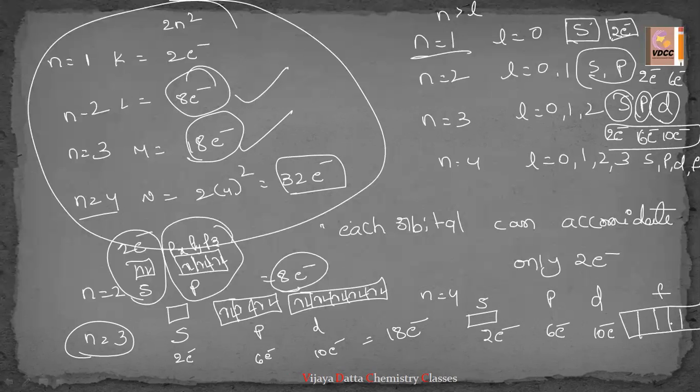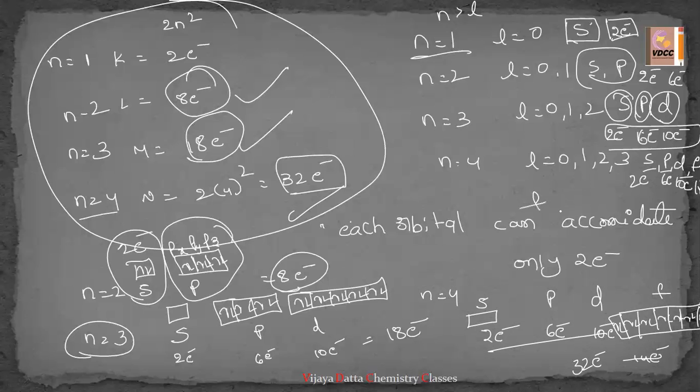They have the same amount of energy, but are split into different orbitals: 1 2 3 4 5 6 7, and again 8 9 10 11 12 13 14. So a total of 14 electrons will be present. If you count, these are 18 and these are 14, so 32 electrons. N equal to 4, the fourth orbit has 32 electrons: s orbital 2 electrons, p orbital 6 electrons, d orbital 10 electrons, f orbital 14 electrons.